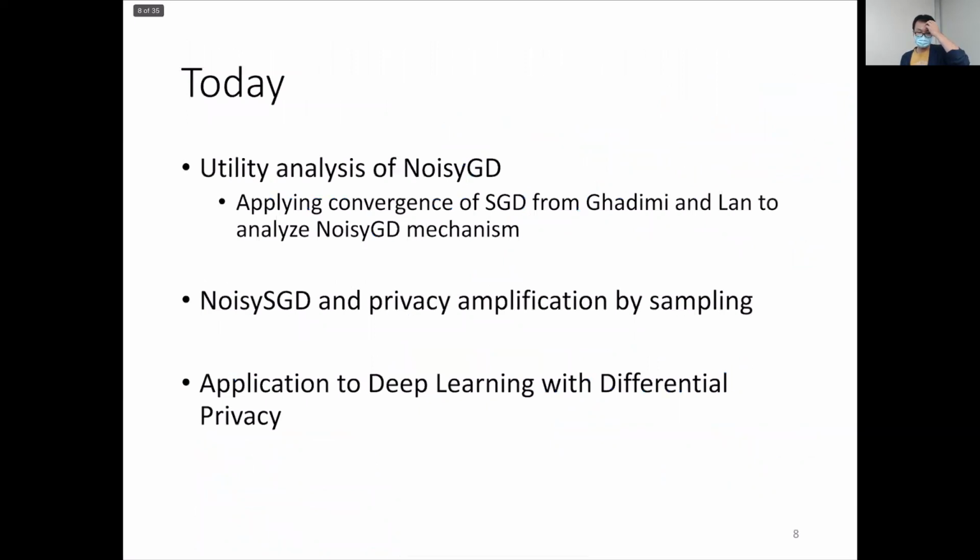All right. So today's lecture is going to be about a utility analysis of the noisy gradient descent. The good news is that last time we already did the heavy lifting by analyzing stochastic gradient descent.